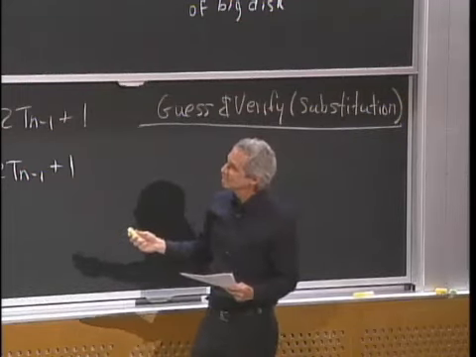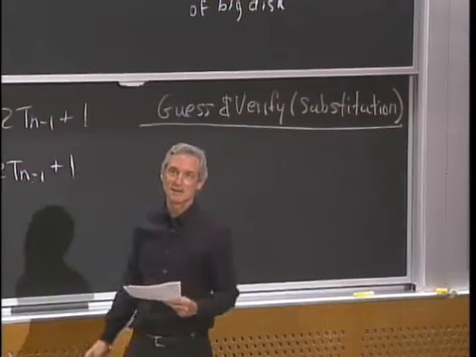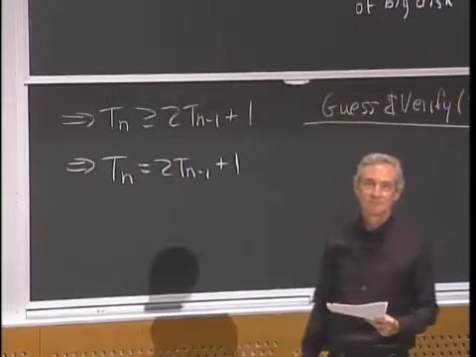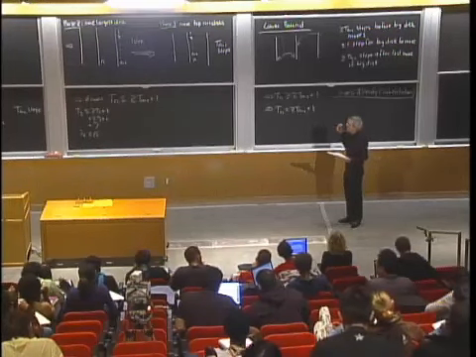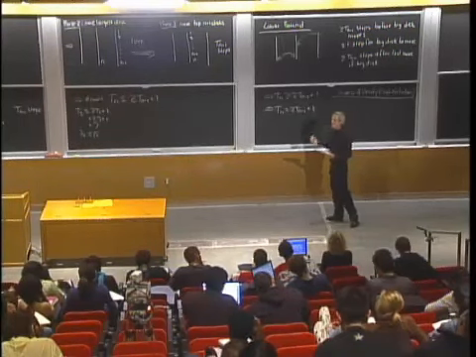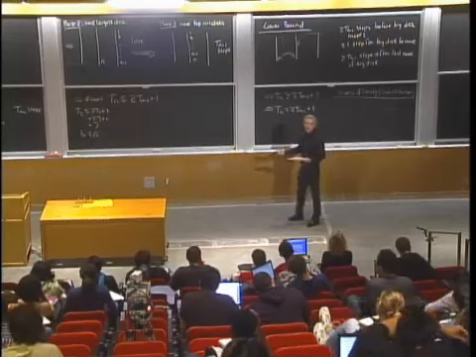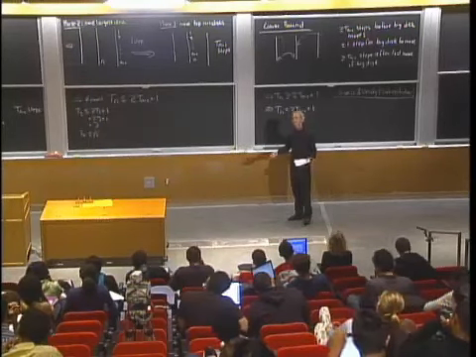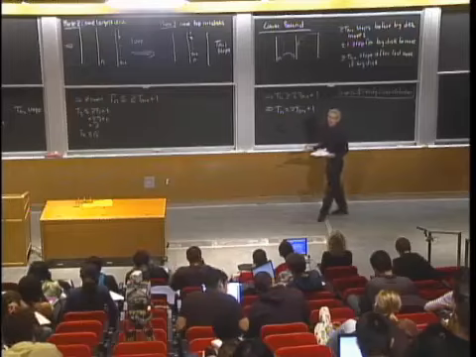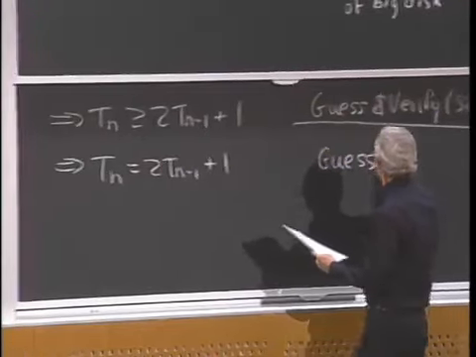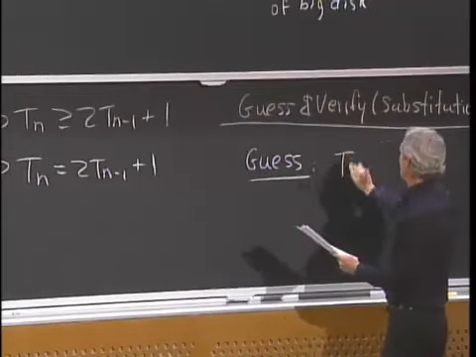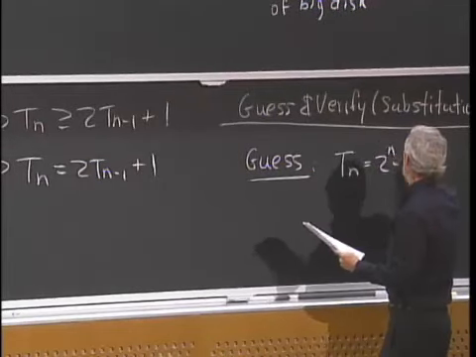Now, what's a good guess for T(n)? 2 to the n minus 1. You got T(1) is 1, T(2) is 3, T(3) is 7, T(4) is 15. You know, you won't compute too many before you guess that T(n) is 2 to the n minus 1.